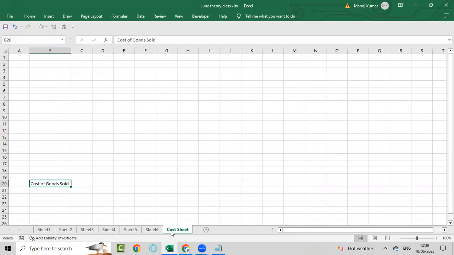I generally forget to tell this thing in class, and after that I have to message you. Your homework by Tuesday night. Write income statement, balance sheet, cash flows, statement of change in equity, and this cost sheet format on paper. Take photo and upload to your group. I won't accept if you write in Excel.